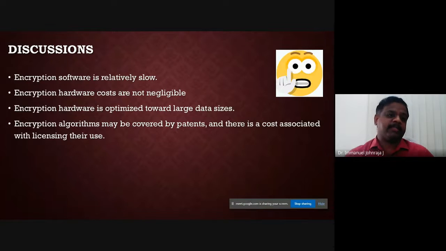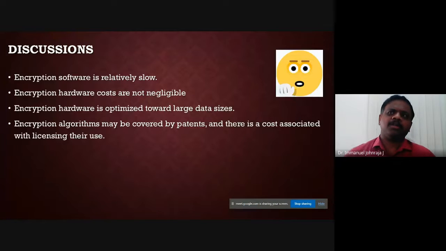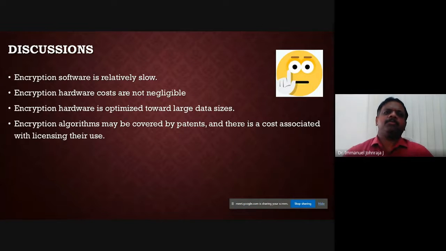These are some of the negative points about encryption and decryption algorithms. Encryption hardware is generally optimized for large data sizes, not for small messages of 1 MB or so. These are all small messages being exchanged, so you are really wasting the hardware.